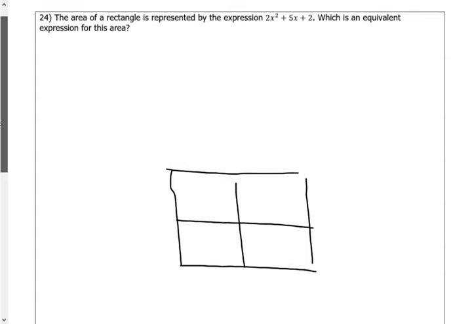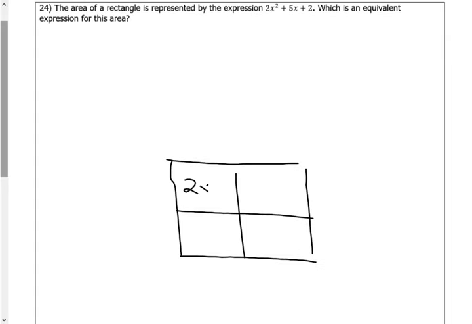So 2x squared and 2. And then I need factors of 4 that add up to 5. Well, those are pretty easy because it's going to be 4 and 1.